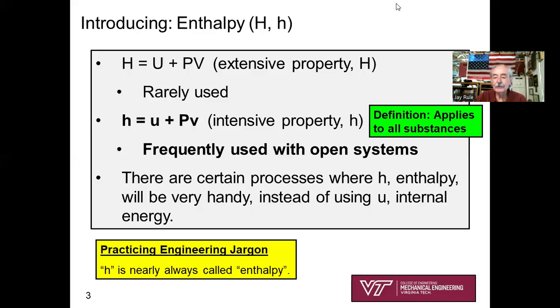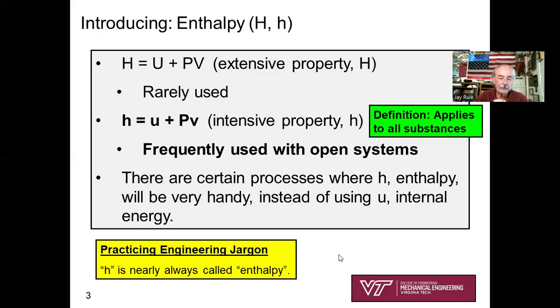Now what I need to do is throw a new definition at you, and it's called H, enthalpy. Now, we rarely use capital H. I cannot think of a single problem that I've ever had that involved capital H, or in other words, the extensive property enthalpy.